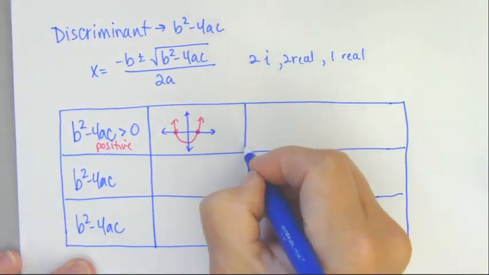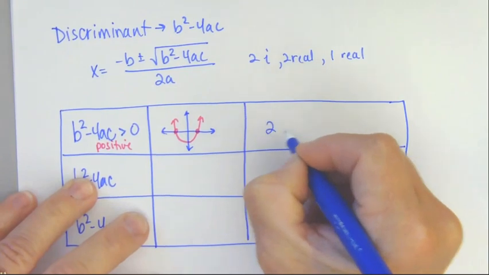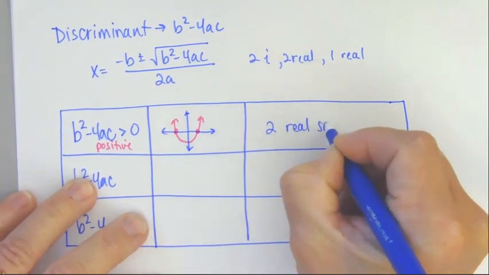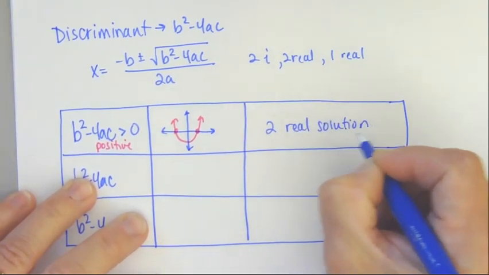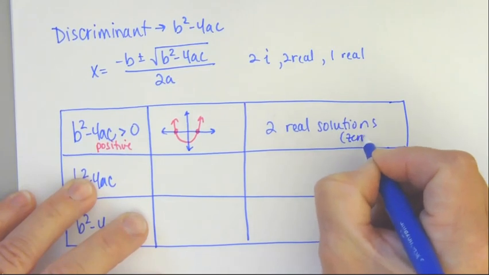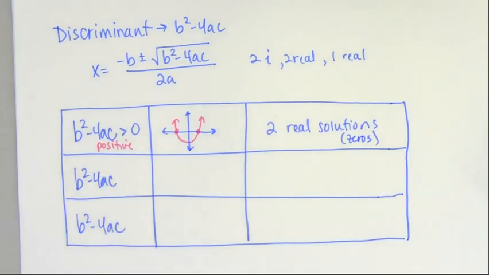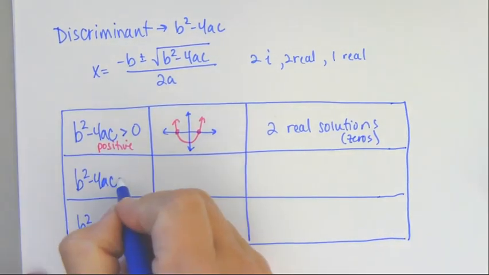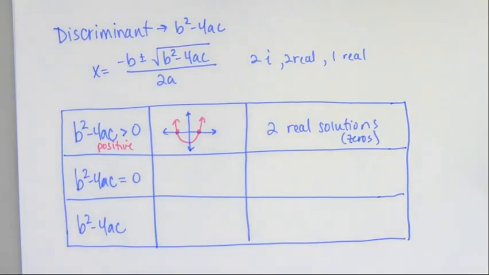If it's positive, we get 2 real solutions, or 2 real zeros. They're x-intercepts.